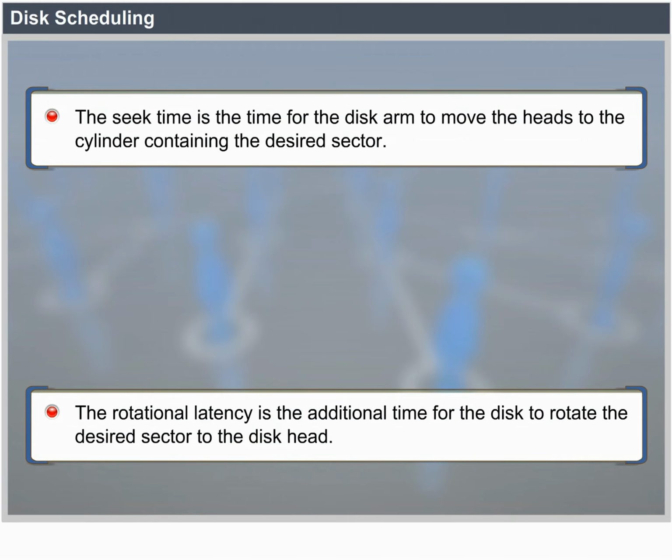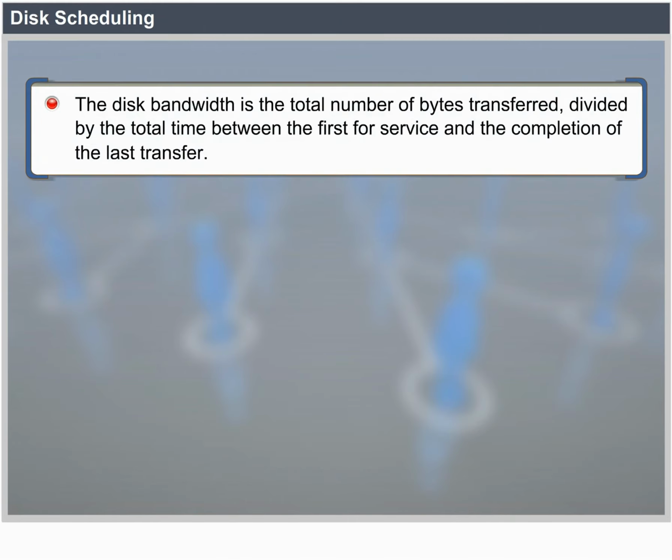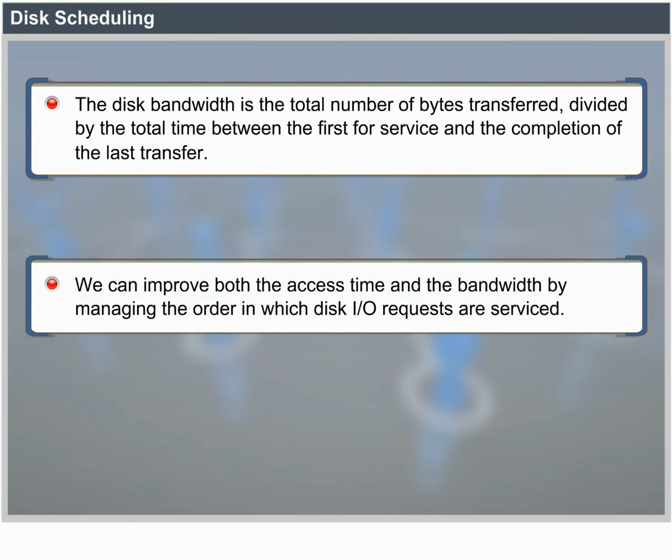The disk bandwidth is the total number of bytes transferred divided by the total time between the first request for service and the completion of the last transfer. We can improve both the access time and the bandwidth by managing the order in which disk input-output requests are serviced.